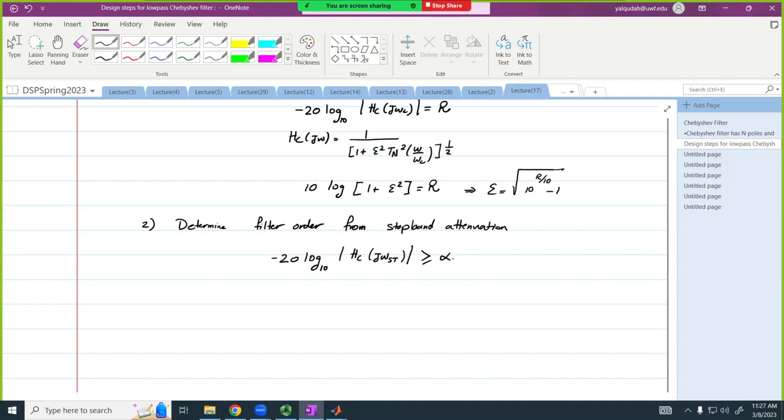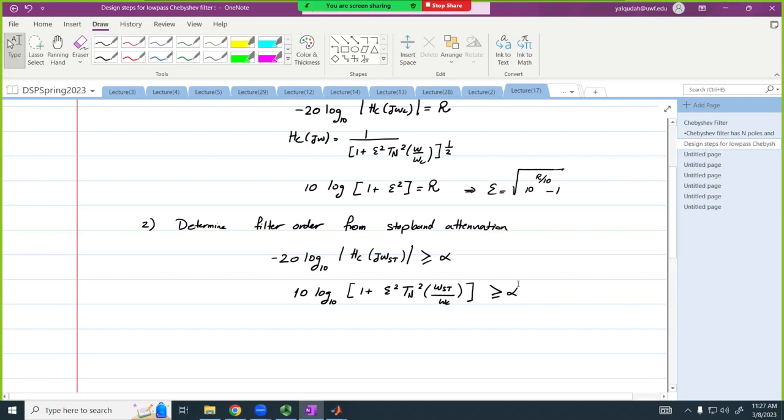Together, everybody? And therefore, we want 10 log 10 of 1 plus epsilon squared T_n squared of omega stop divided by omega cutoff to be greater than or equal to alpha. Again, because there is a square root, and because it is in the denominator, that negative 20 becomes a 10.